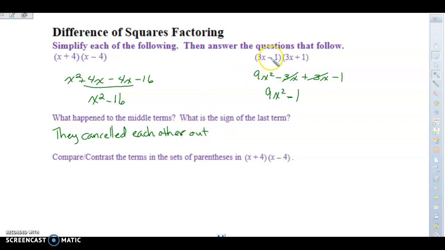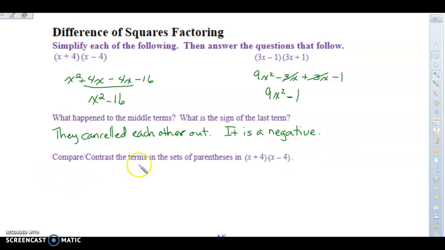And then you'll notice that one was negative, one was positive, and when you multiplied them, you get a negative. So the last term in the binomial is a negative. And these are going to be clues that are going to help you when it comes time to factor perfect squares.